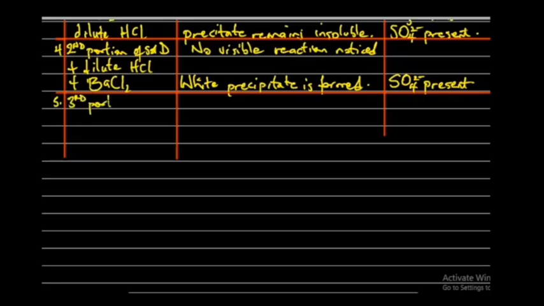Third portion of solution D plus potassium tetrahydromanganate in drops. When we did that, we had the formation of brown precipitate.